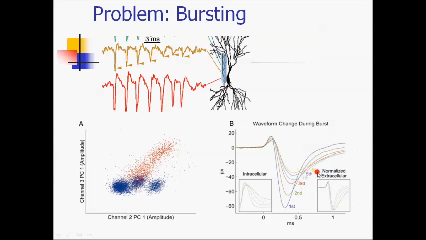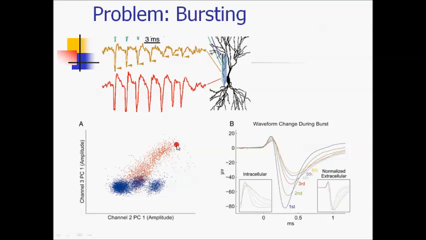In this case, what was the problem? The problem was that, as I told you, some neurons sometimes show this burst, with many spikes which occur at very short distance from each other, and usually the first spike in a burst has the highest amplitude, and following spikes have a little bit lower amplitude.